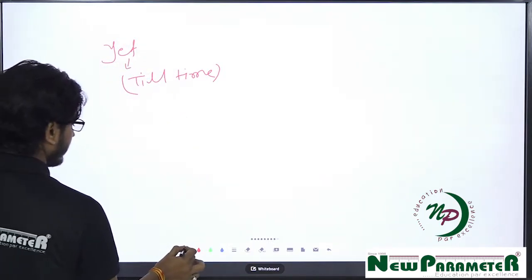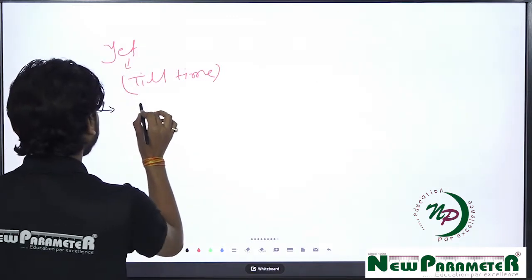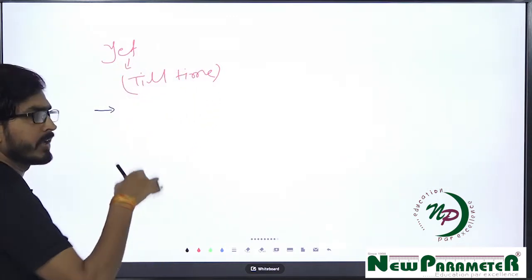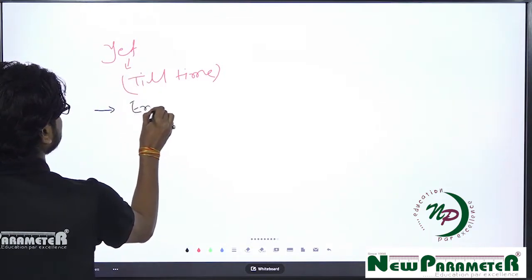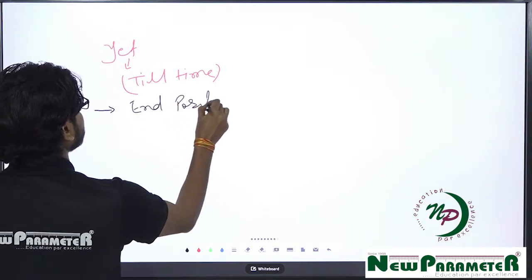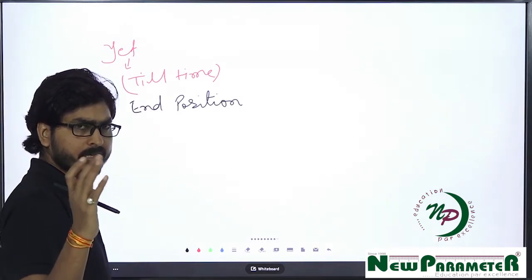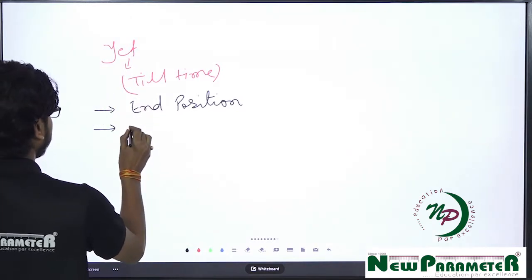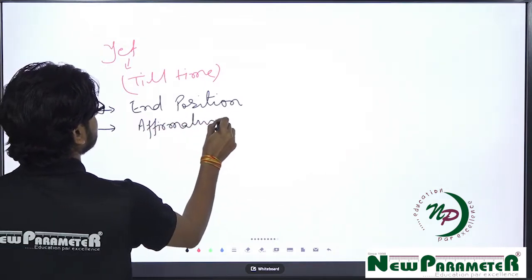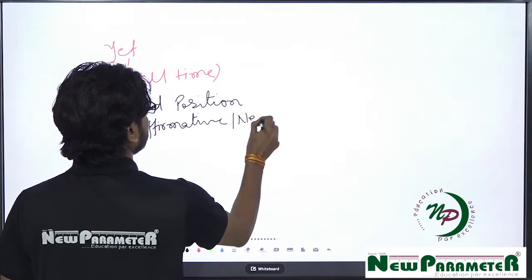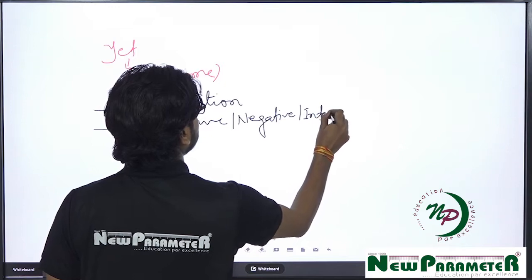So there are some points that we have to be careful, that whenever we use "yet" in the context of till time, the position of "yet" must be end position. And as we know, there are three types of sentence basically here, that is affirmative, negative, and interrogative.